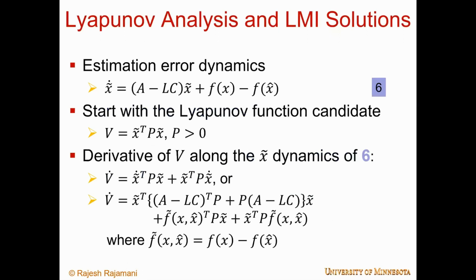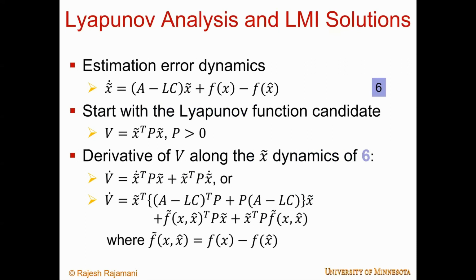This is 20-plus years old. But in the last 20 years, there have been a lot of developments in LMI tools, and LMI tools have become very popular. Those can be used for getting more numerically viable solutions to the observer design problem.